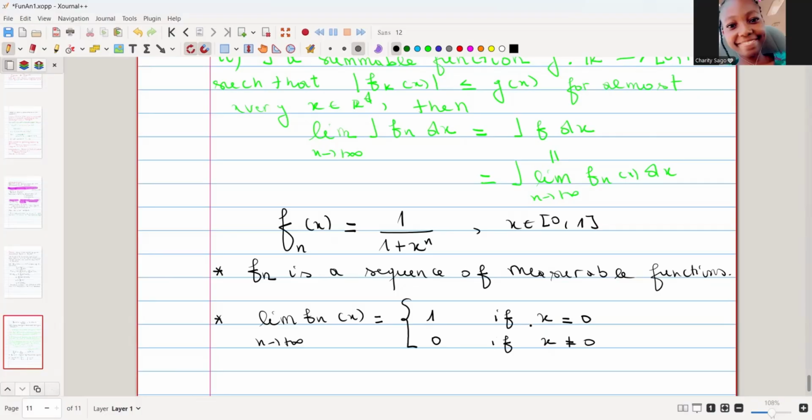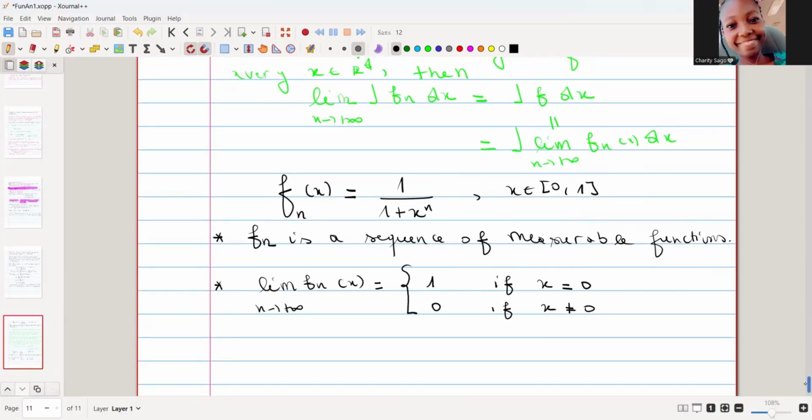I hope you understand. If I take x equal to 0, I'm going to have 1 over 1 plus 0, which is 1. But if x is different to 0, as long as x is between 0 and 1, it means that x to the power n is going to vanish to 0.